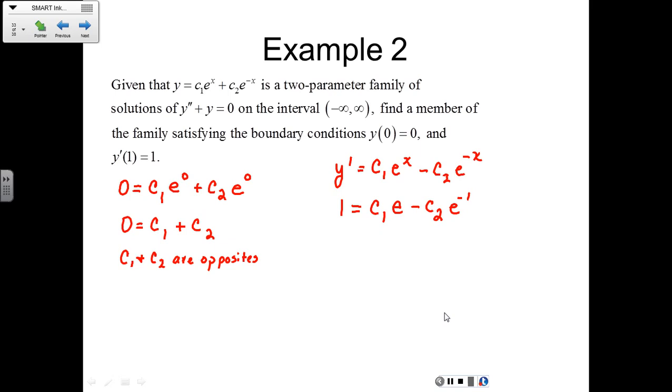I'm going to do this. I like kind of what Zeb said there. I'm going to solve this thing for instead of minus C2, I'm going to say that that's plus C1. Can I substitute that like that? If C1 is equal to negative C2, so that's going to be positive C1 right there.